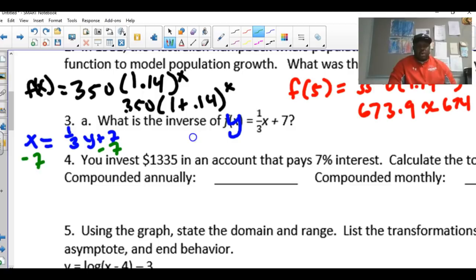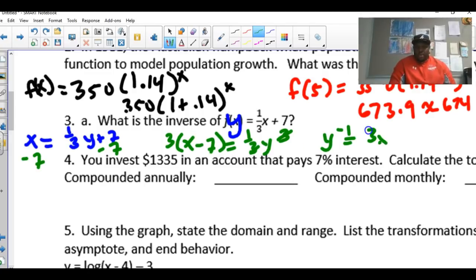So you end up with x minus 7 equal to 1/3 y. But now you just need to solve this for y. If I multiply by 3 on both sides, the 3's cancel over here, so I'm just left with 1y, or y. And over here, I'm going to distribute that to have 3x minus 21.